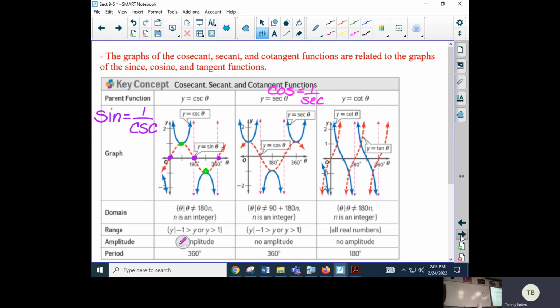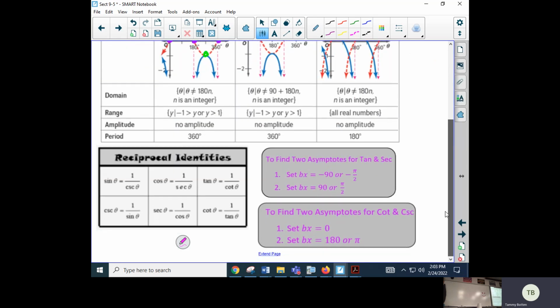Cotangent does the opposite. It starts high and goes low, okay? So those are the 3 that we're going to do. This chart should be on your cheat sheet in case you're wondering which one is the reciprocal. And yeah, we may be using those too.